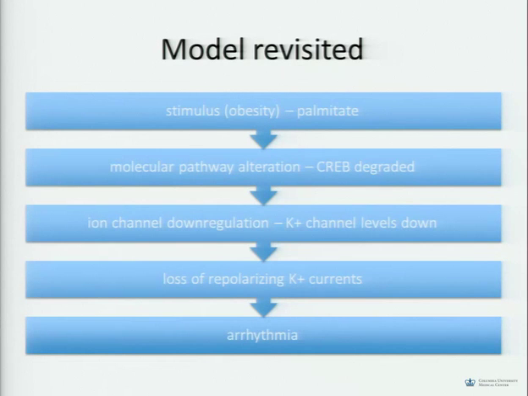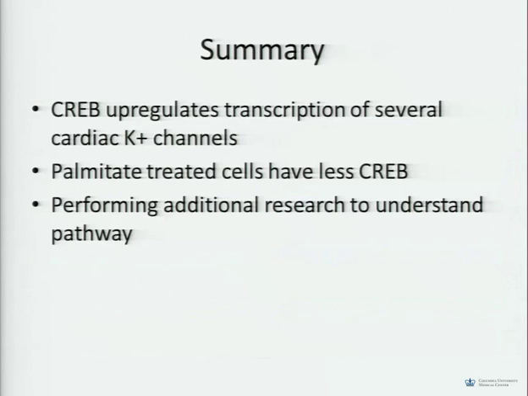So to come back to this model, we can use a simple explanation based on our preliminary results to explain what's happening. That stimulus in obesity could be the palmitate, which then leads to the Krebs degradation, which then leads to the potassium channels being down, the loss of repolarizing currents, and then arrhythmia.